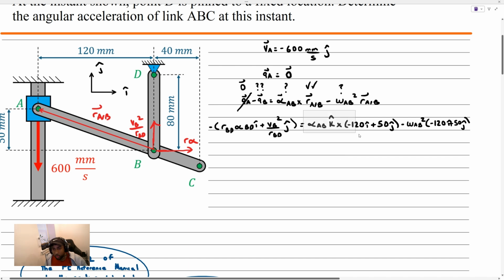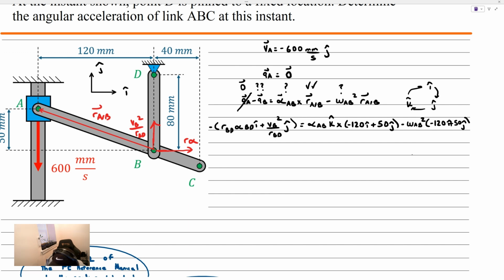Now I'm just going to perform this cross product. This cross product is really simple here. If you just remember this cross product trick, if we have a right-handed triad, this ijk here, all we know is that i cross j is k, k cross i is j, and j cross k is i, if you just follow that circle.